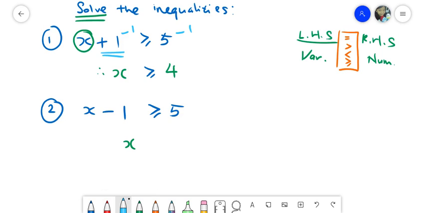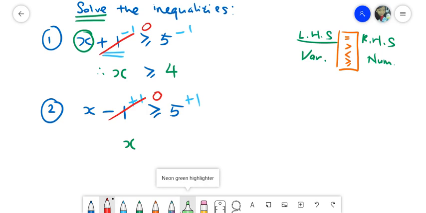You need to plus 1 to make it 0. That is your intention, to get it to be 0, so 1 minus 1 is 0, because we can't have numbers on the left. The numbers should be on the right hand side. So 5 plus 1 is equal to 6. That's the answer.